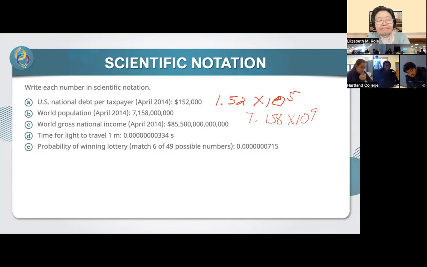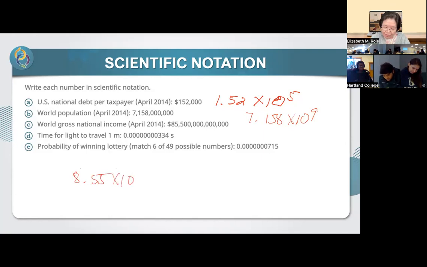Letter C. 8.55 times 10 to the 13th power. All right. 3, 6, 9, 12, 13. Very good. So 8.55 times 10 to the 13. Letter D.